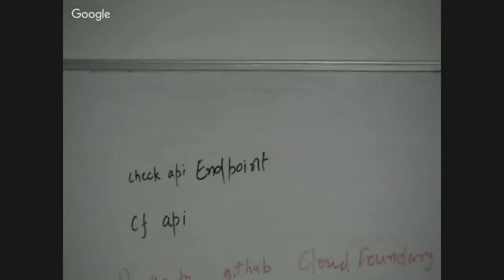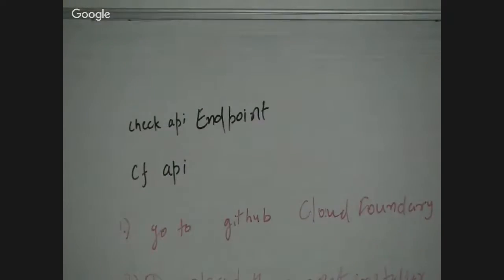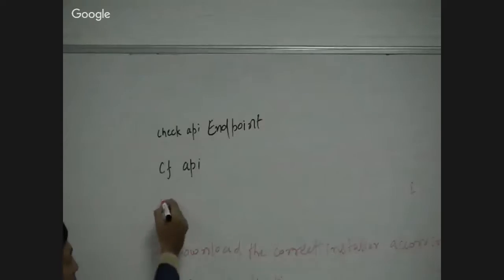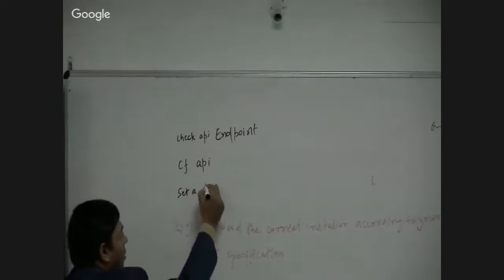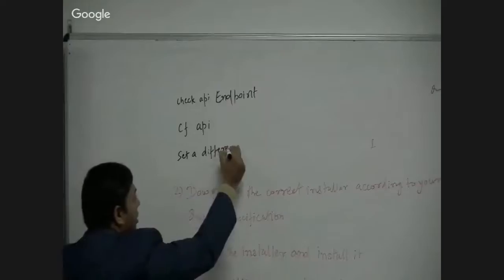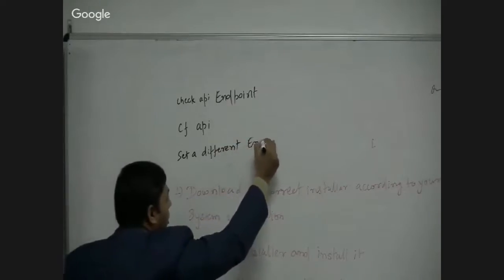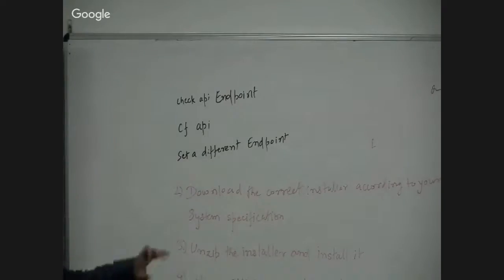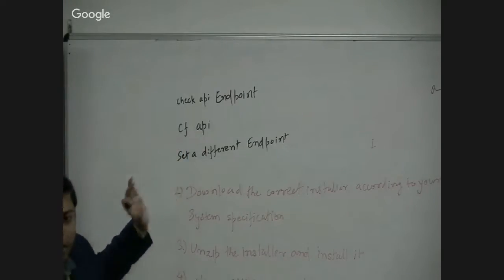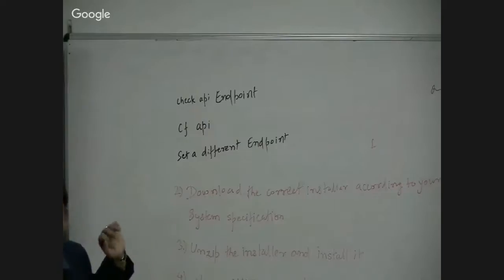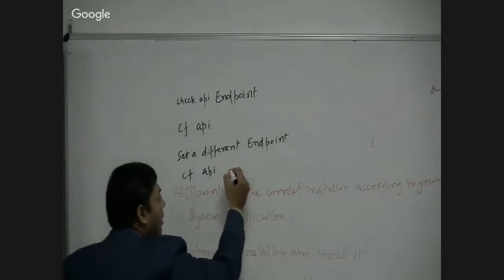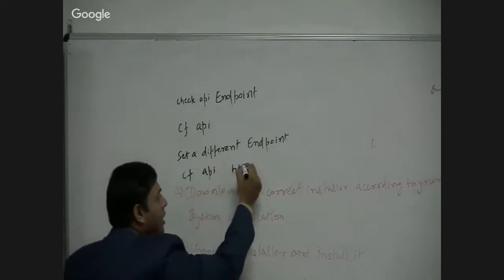Now, if you want to make your changes, set a different endpoint. Okay, if you feel that cf api is giving you the correct endpoint, leave it. Or if you want to change it, you can change it with cf api followed by the endpoint name, like HTTPS.